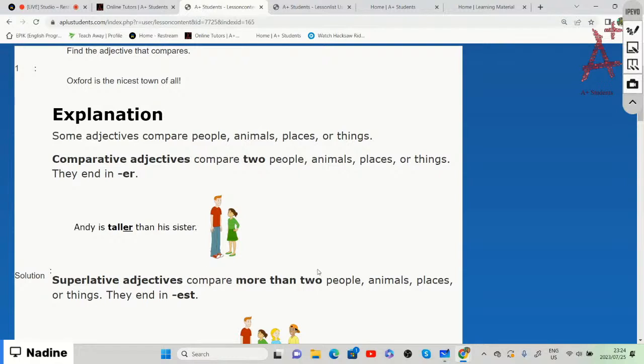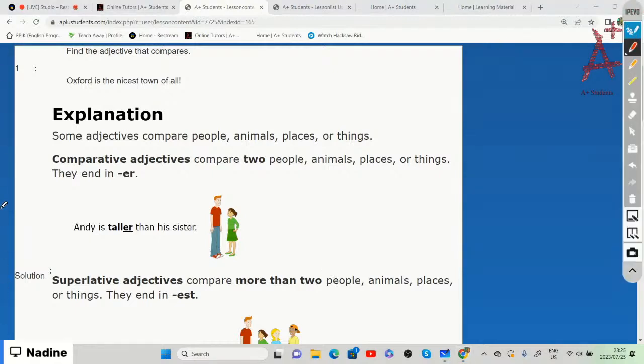And we made an example of the degrees of comparison, where we said it is tall, taller, which is a comparative adjective, and then we have tallest, which is a superlative adjective. Comparative adjectives end in er because you're comparing two people. Superlative adjectives compare more than two people, places, animals, or things, and end in est.